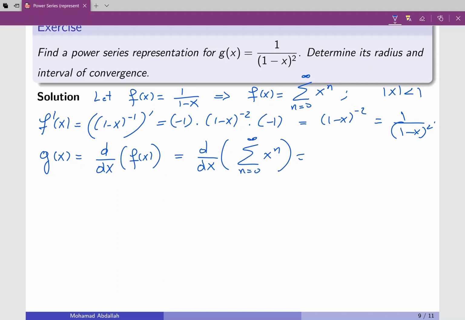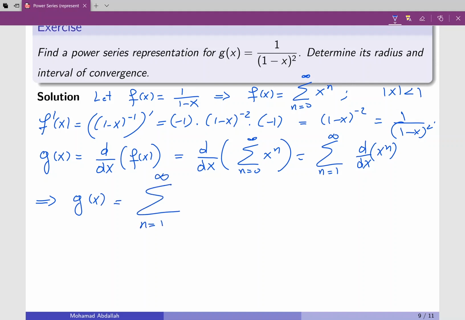Now I will interchange the summation with the derivative, so that's the sum from n equals 1 to infinity. Here I want to be careful, just n equals 1. You will see why it's n equals 1. d over dx of x to the power n. So then g of x can be written as the sum from n equals 1 to infinity of n times x to the power n minus 1. That's the answer.